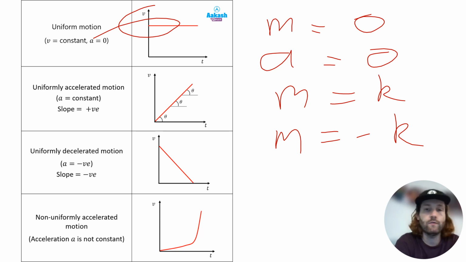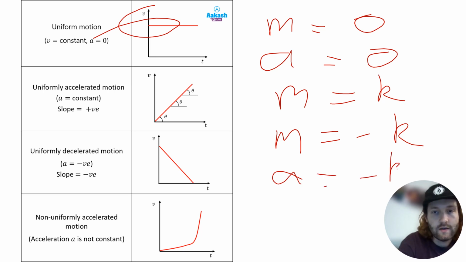Next one, my gradient is a constant negative value. All right, so what does that mean? That means that the acceleration is constantly negative. Maybe that's 9.81, right? Maybe that's representing something in free fall. Yeah, and that gradient there is minus 9.81, average gravitational field strength of Earth. Maybe that's that. Next one here, I start off with a low gradient and I go to a high gradient.